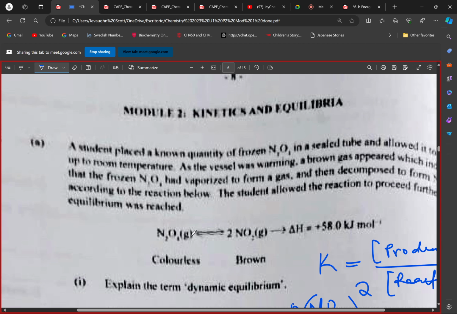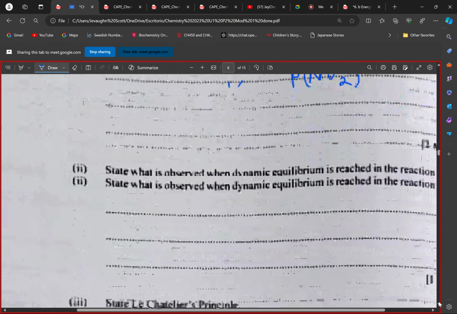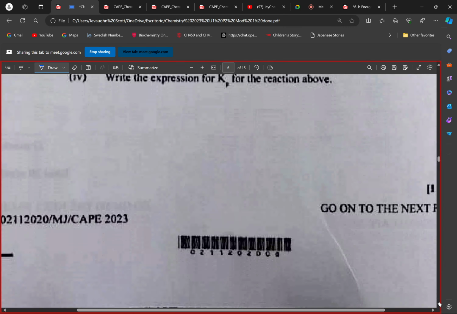So we're starting with N2O4, and as the N2O4 is thawing, the gas is vaporizing and it decomposes into NO2. So we have N2O4 first, and we start getting NO2. That is the forward reaction.